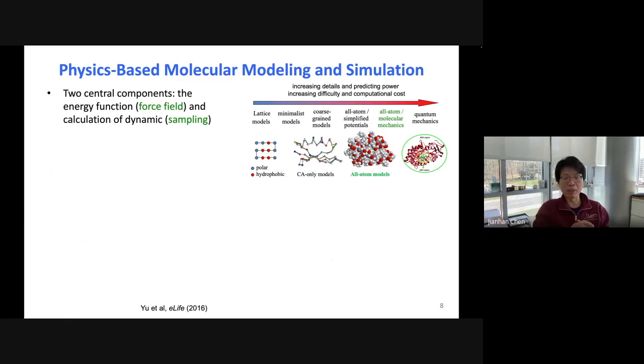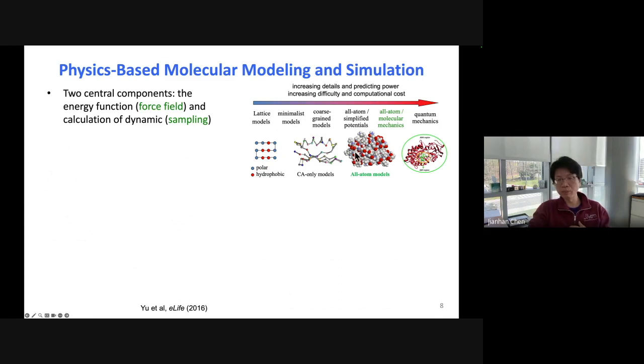Imagine that you have protein sequences, and you only classify your residues as either polar or hydrophobic. This HP model in early days actually taught us a lot about how natural proteins fold, and it led to the energy landscape theory, which we believe is the mechanism by which proteins fold.